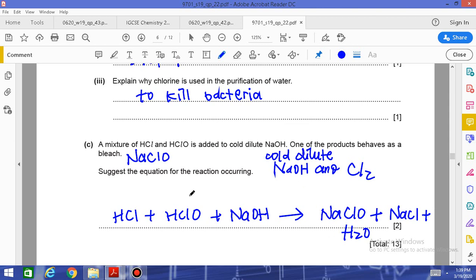This reaction is similar to the reaction between cold dilute sodium hydroxide and chlorine. It's not balanced yet, so you have to balance it. 2 and then 2. Please check again. Okay, it's balanced now.